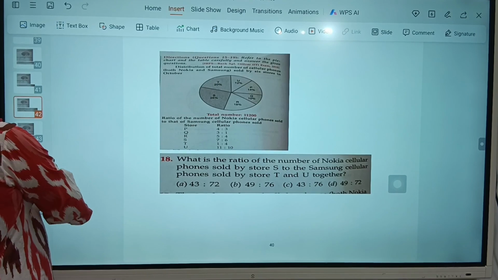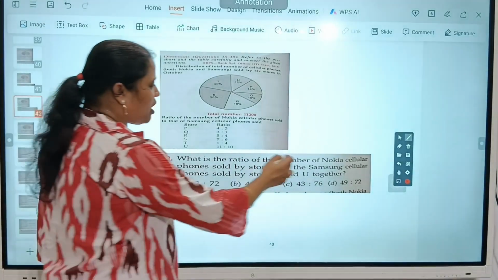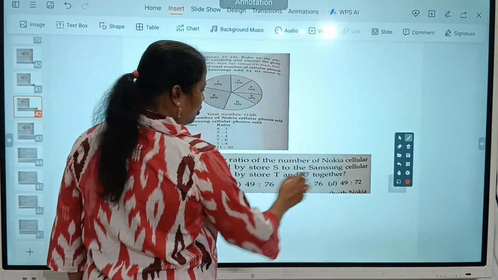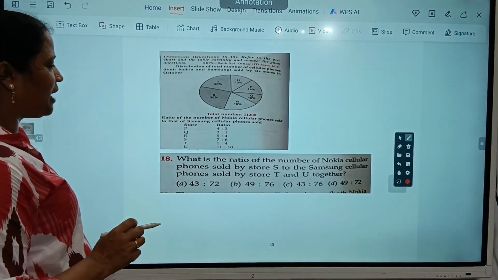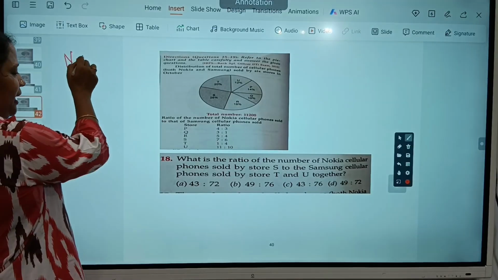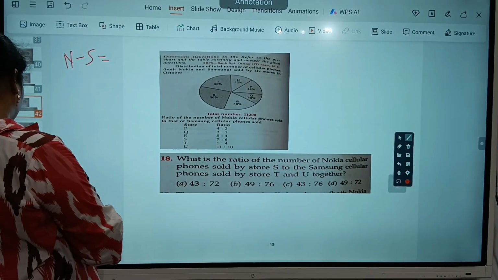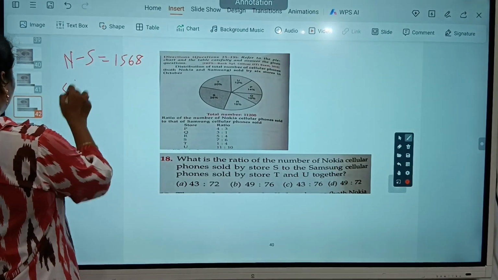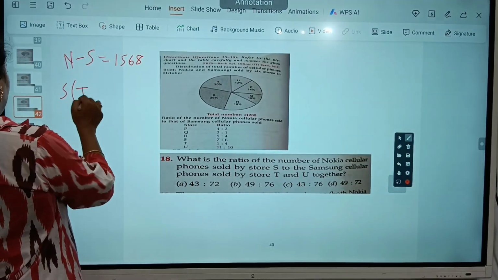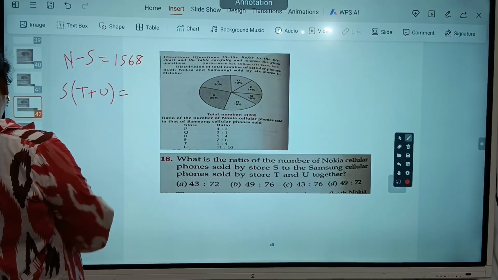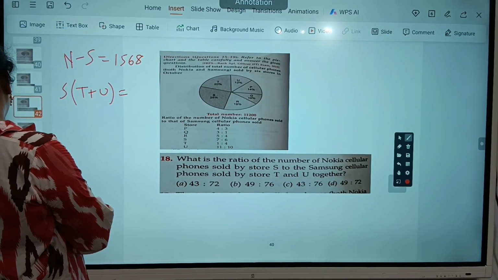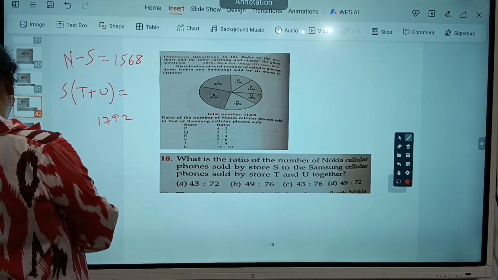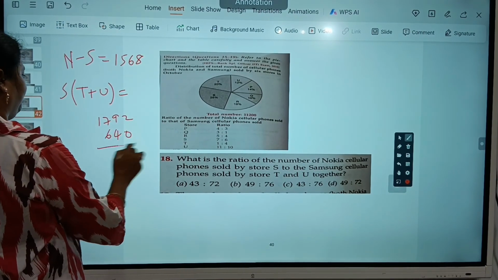Let us move to the fourth question of this graph now. What is the ratio of the number of Nokia cell phones sold by store S to Samsung cell phones sold by store T plus U together? So Nokia phones in store S, how much we got in the table? 1568. And Samsung phones, from which store we have to take? T plus U. T, Samsung mobile is nothing but 1792 and U 640.